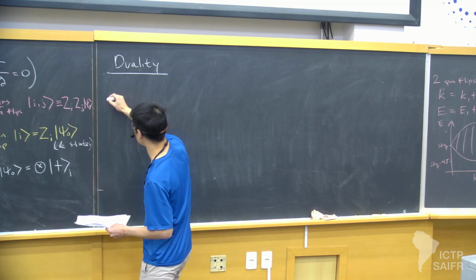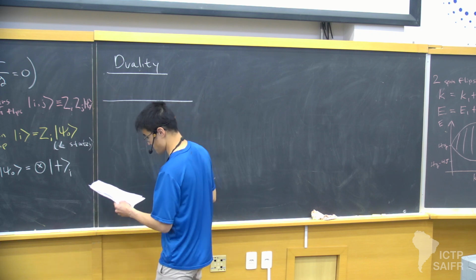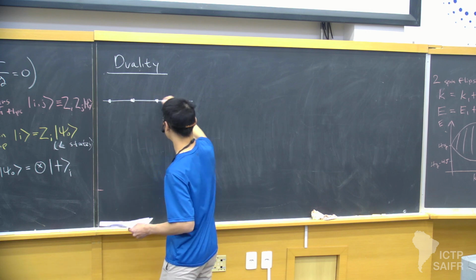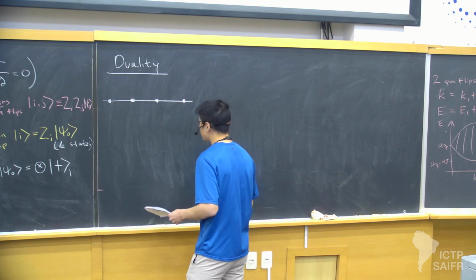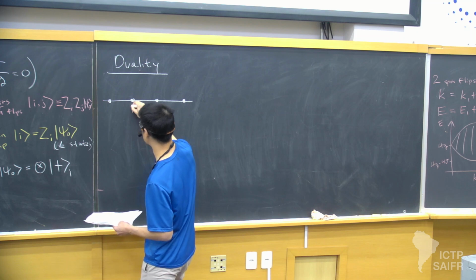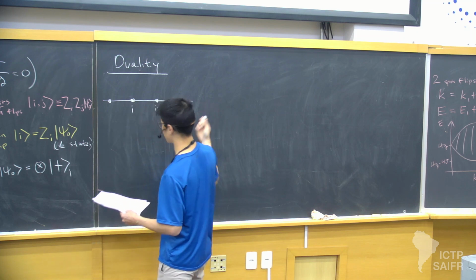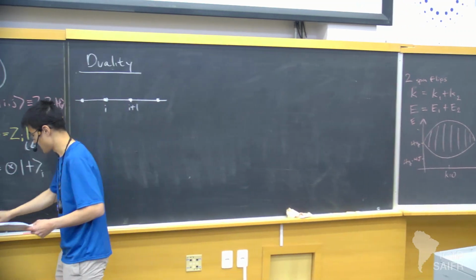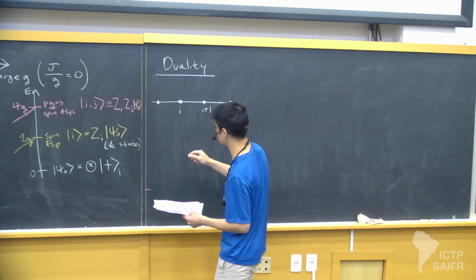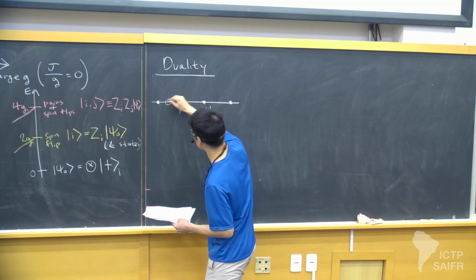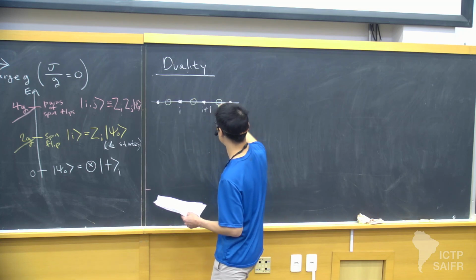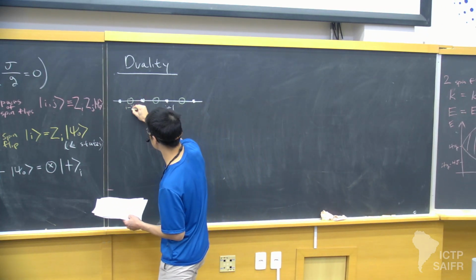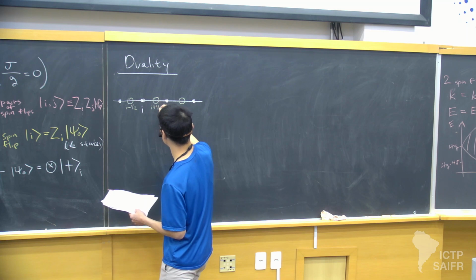Before we had a 1D system, and we had our spins living on a lattice, labeled by i plus 1, etc. Now we're going to define another set of spins living in between, at sites i minus 1/2, i plus 1/2, etc.